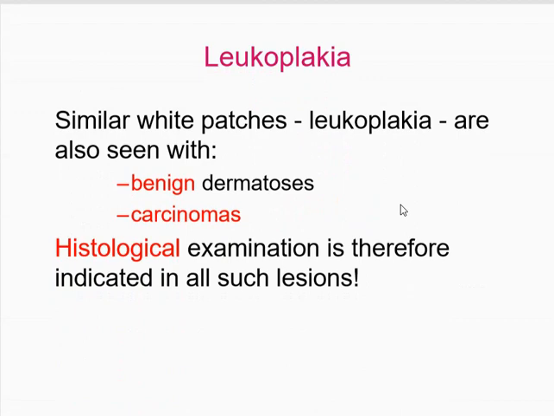Leukoplakia, therefore white discoloration or white plaque of the vulva, can be the result of benign conditions, dermatosis, for example dermatitis, but may also be neoplastic and may hide in situ or invasive carcinomas. Only histology can adequately distinguish between these conditions, and therefore biopsy is indicated if you see leukoplakia of the vulva.